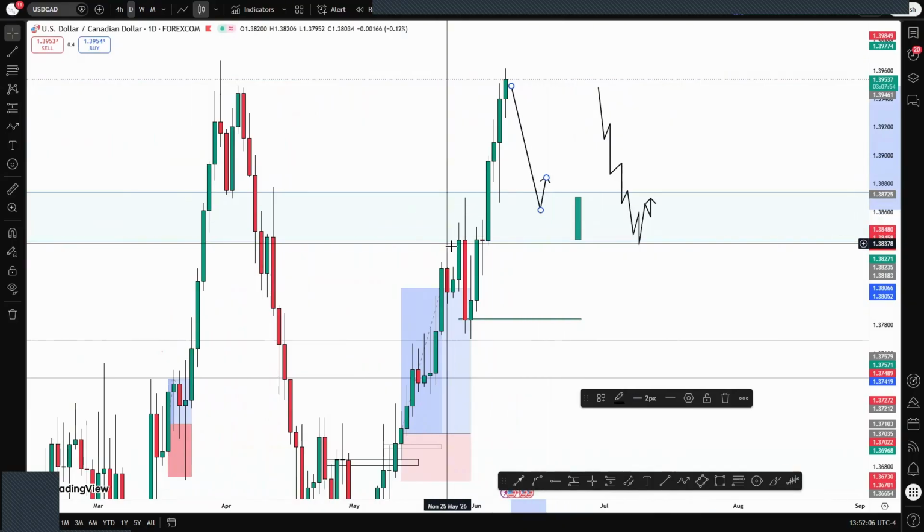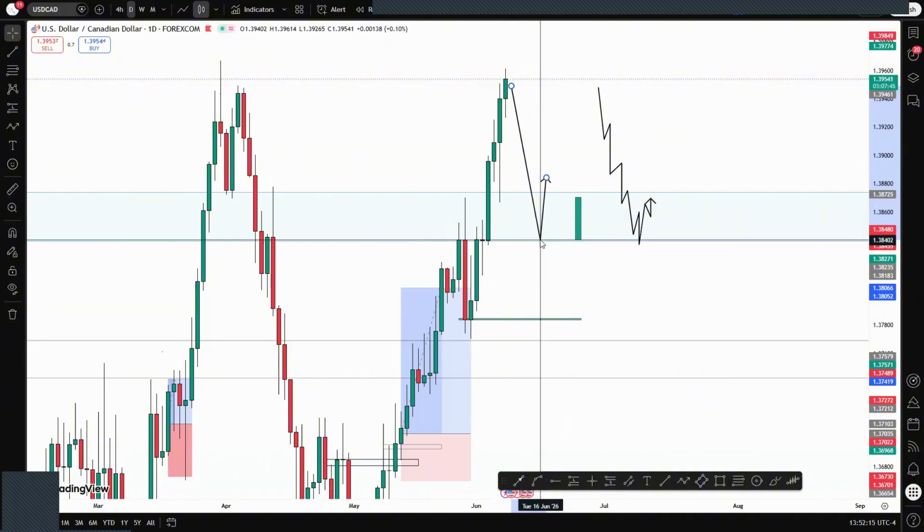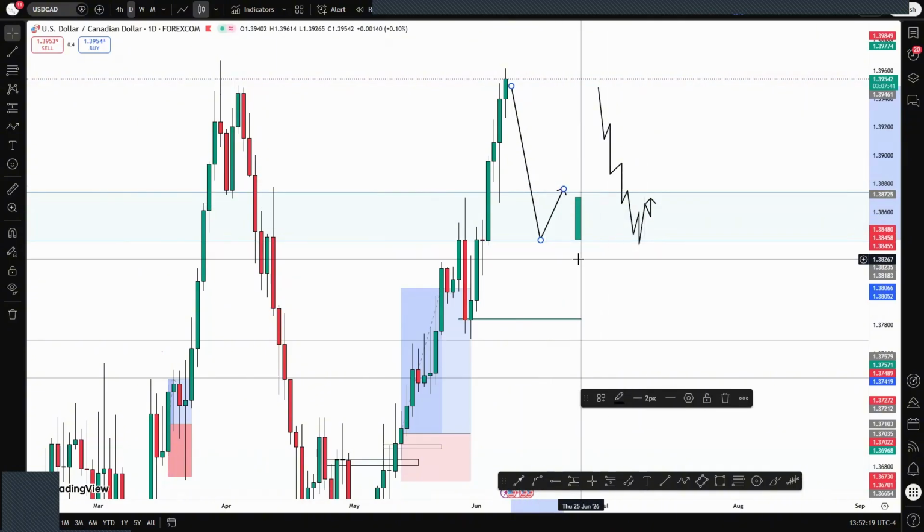And the moment you see this kind of lower high being broken, this should even tell you that price is most likely to retest at this point and give you the holding candle. So this will be fine. Just have to wait a bit more.